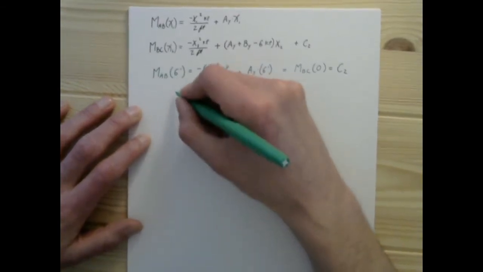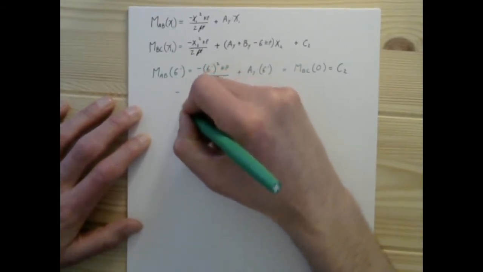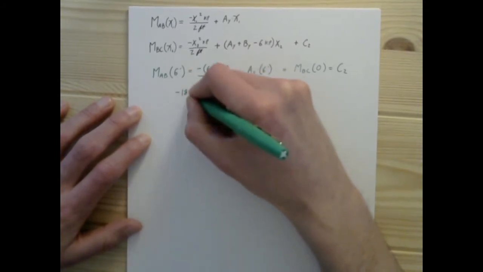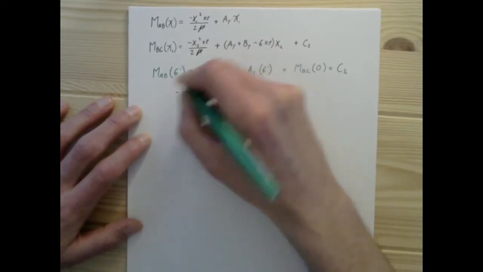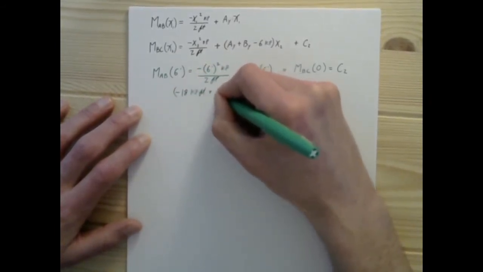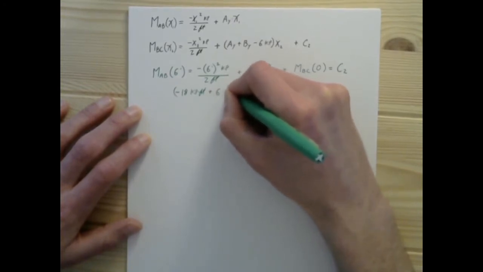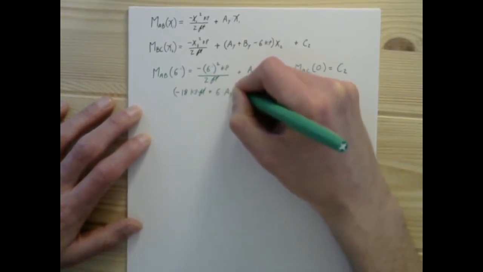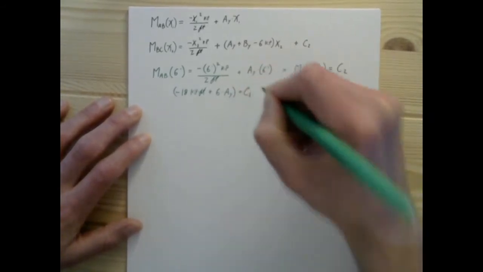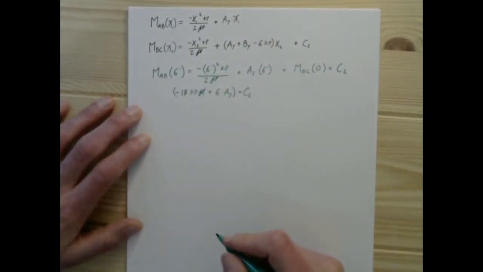Simplifying it, we can get it down to negative 18 kip feet plus 6 times AY. But there's no simplifying it beyond that just yet.